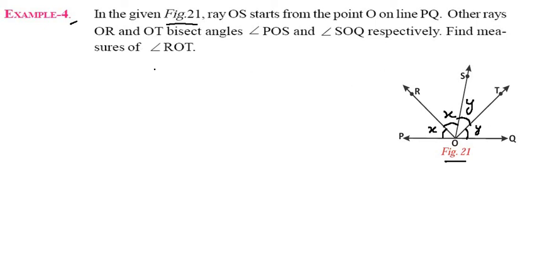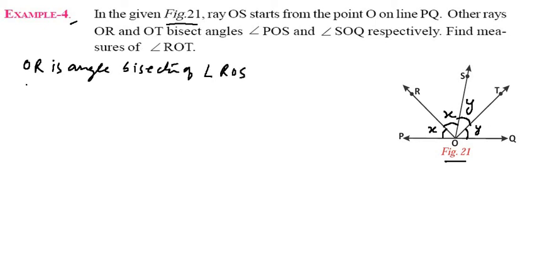Now find the measurement of ROT. Yes, let us start. First of all, OR is the angle bisector of angle ROS.